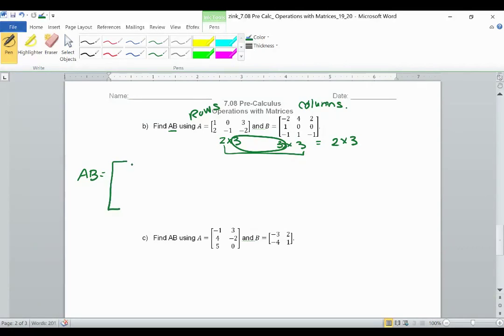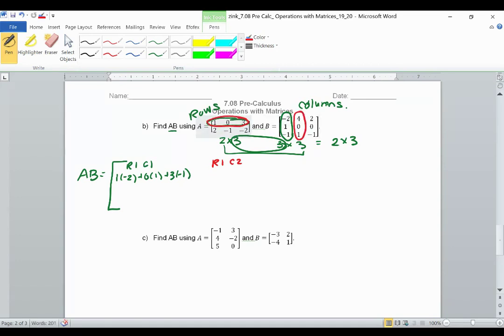So we'll start off with row 1, column 1. So here's row 1 and column 1. So we're going to multiply 1 times negative 2 plus 0 times 1 plus 3 times negative 1. Next, we're still in row 1, but we're going to do column 2 this time. Row 1, column 2.